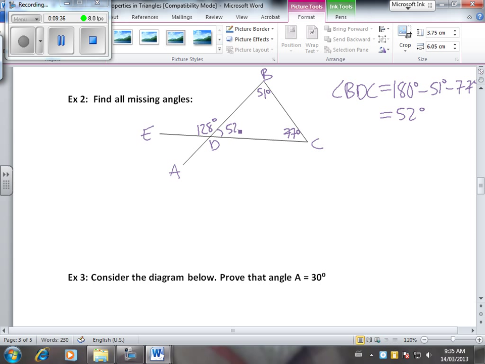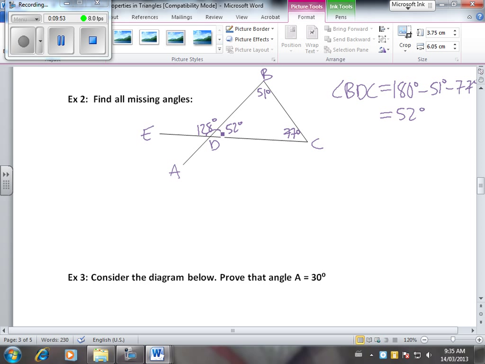Then we could have also found, because these are on a line, it could have been 180 minus 128.